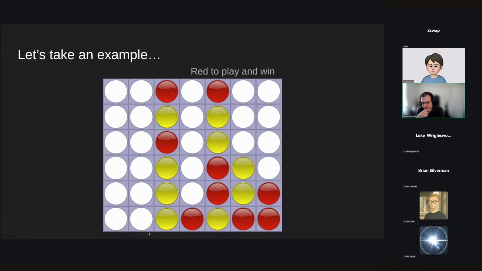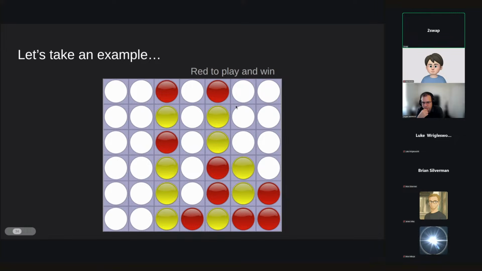Yeah, there's a threat for red in the center column. Bingo. The third peg. Exactly, so you kind of want to force yellow to put something there so that you can get to it. That's exactly right. Anybody else want to chime in before I start to explain?